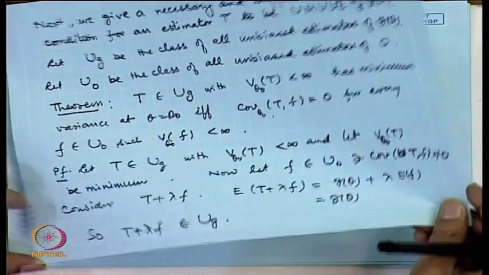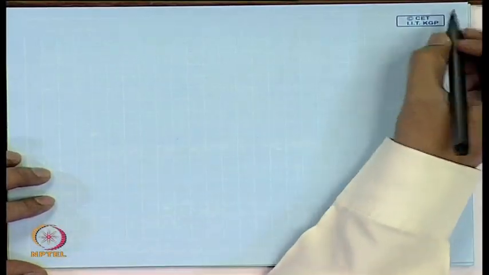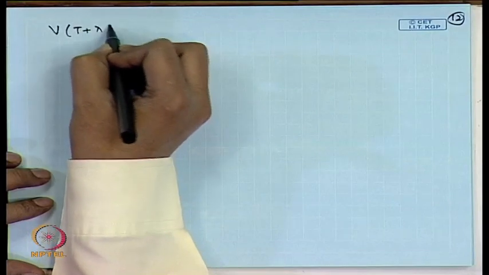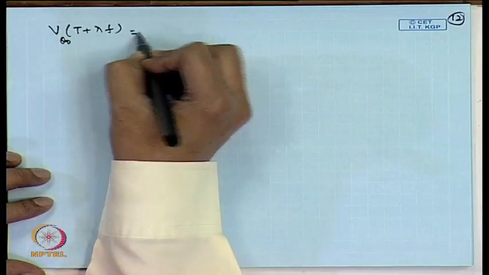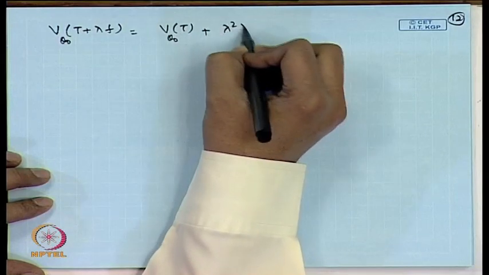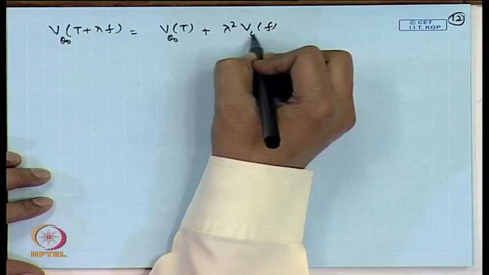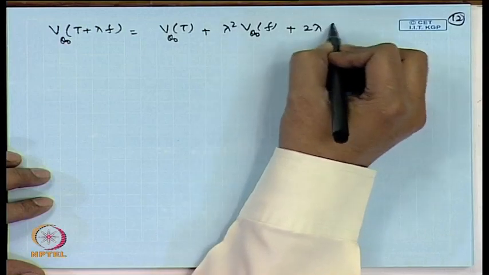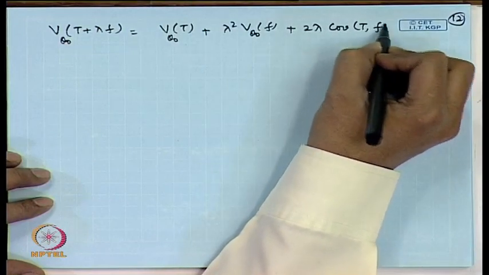Now, let us take variance of T plus lambda f. So, that is equal to variance of T plus lambda square times variance of f plus twice lambda covariance between T and f.